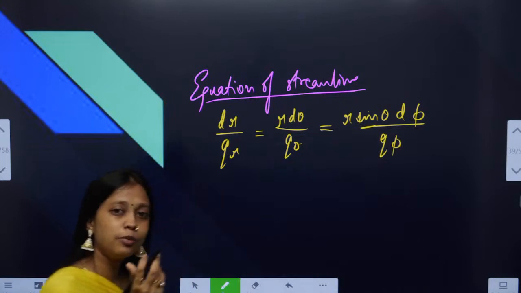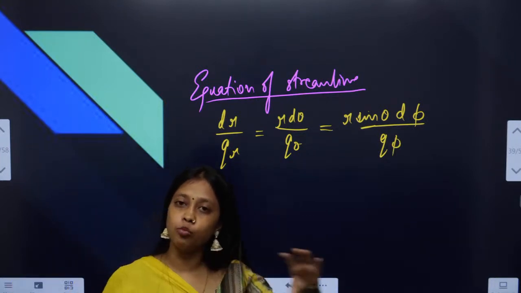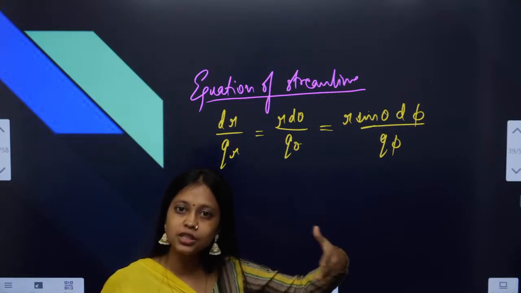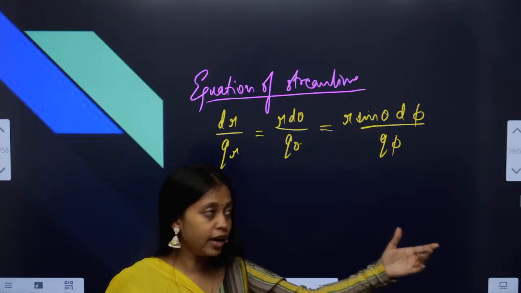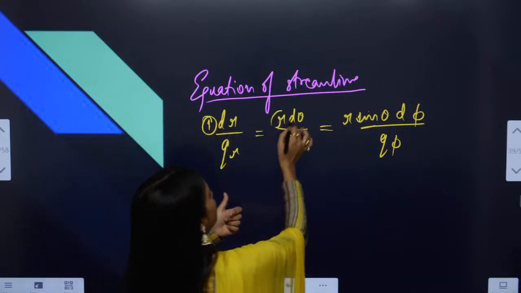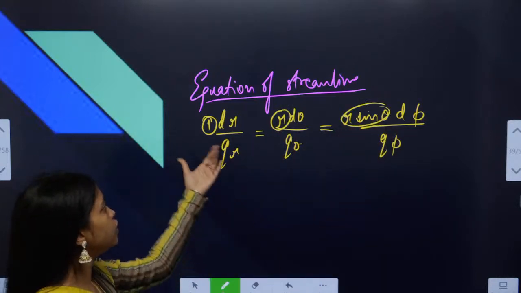Again, just remember the scalar factors. For every formula, the only difference is those scalar factors that we use in spherical coordinates. There is no problem in this. Again 1, r, r sin theta, and q theta, q phi. Solve this, you will get the streamline.